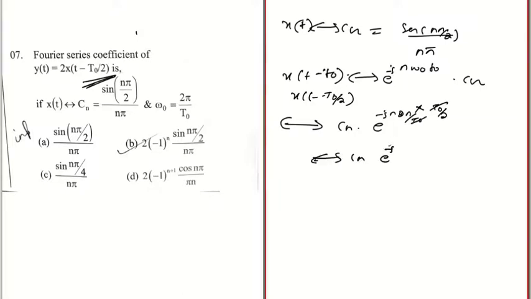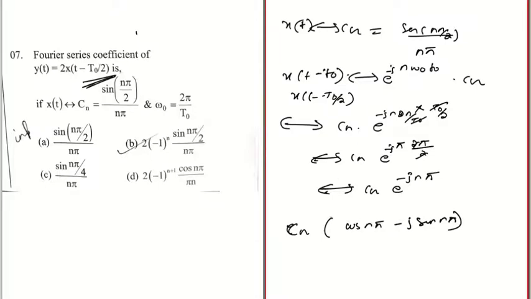Cn into e raised to minus j 2 pi divided by 2, that is e raised to minus j n pi, right? We'll write it in the other form, that is cos n pi minus j sin n pi.